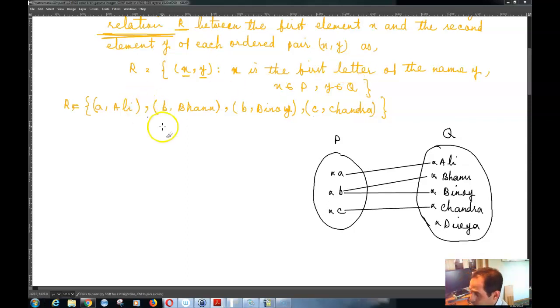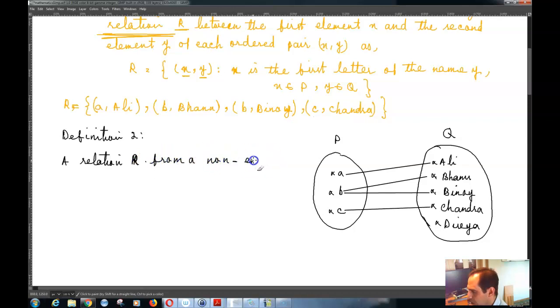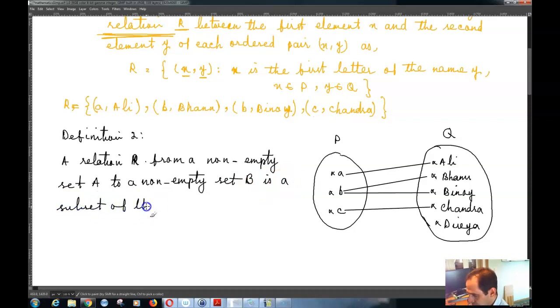Definition number 2: a relation R from a non-empty set A to a non-empty set B is a subset of the Cartesian product of A and B, or A times B.